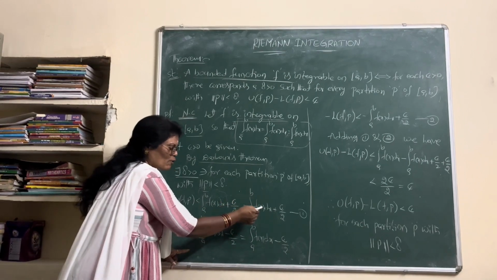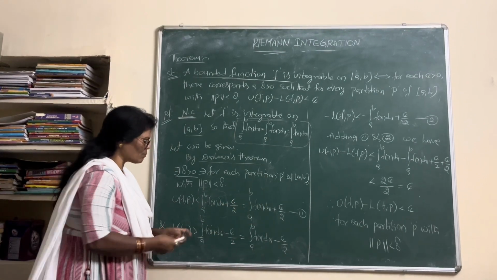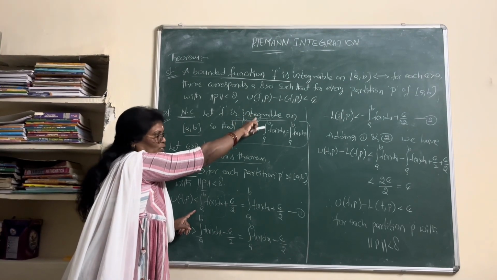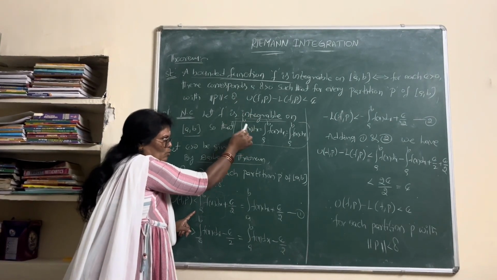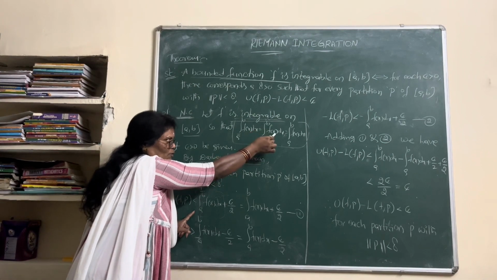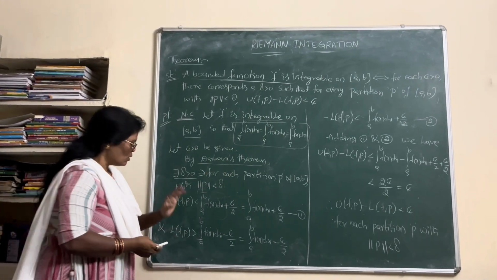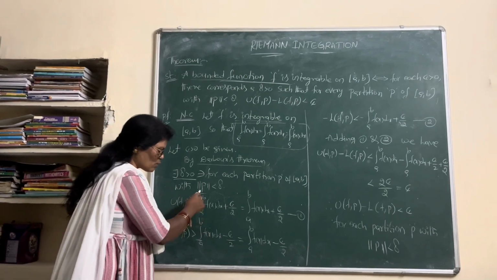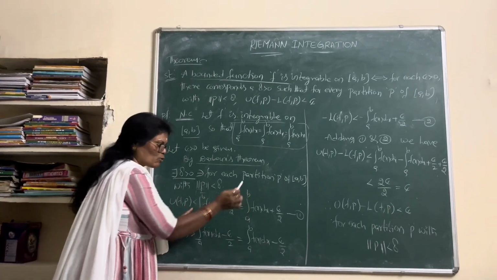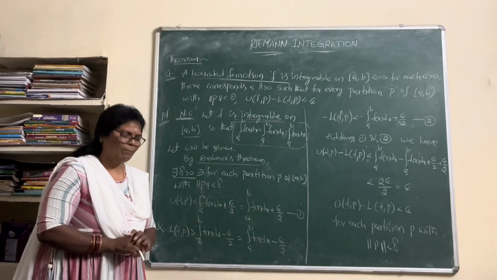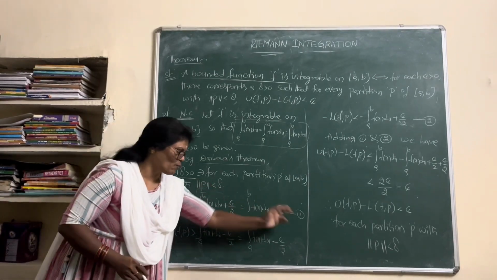Why are we taking the integral from a to b of f(x) dx? Because the integrable condition is already given for the function, so the upper integral equals the lower integral, which equals the integral from a to b of f(x) dx. So instead of this, I am taking the integral from a to b of f(x) dx plus epsilon by 2 as it is. Make this equation 1.